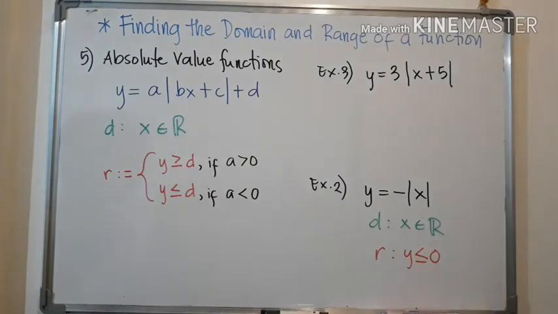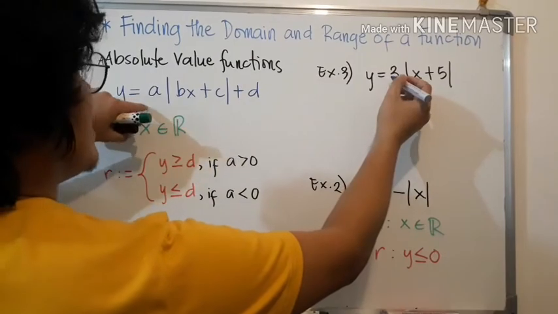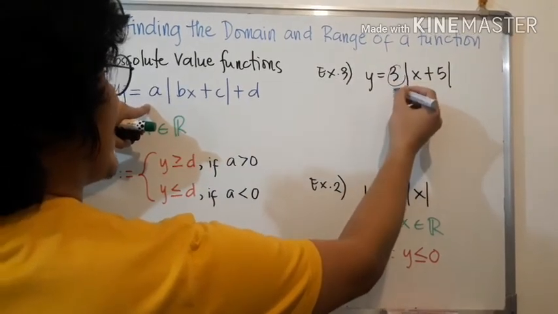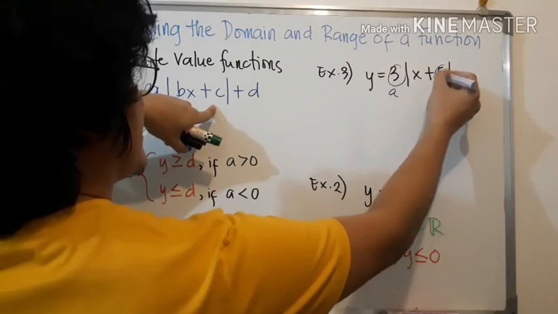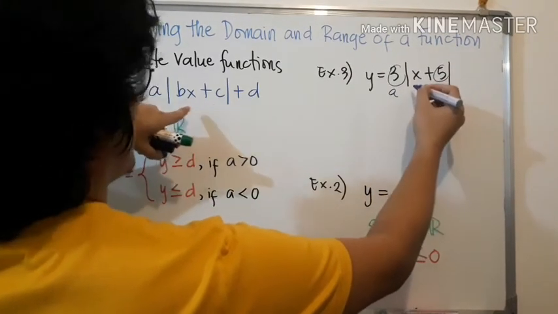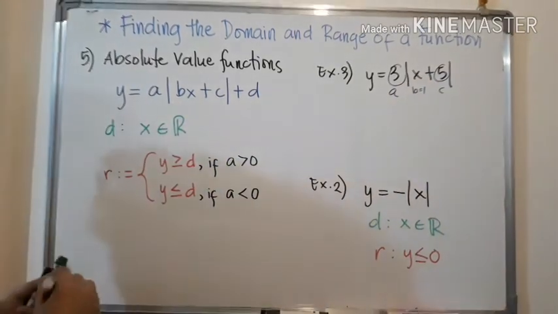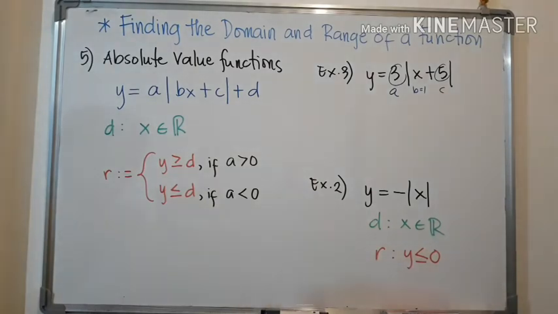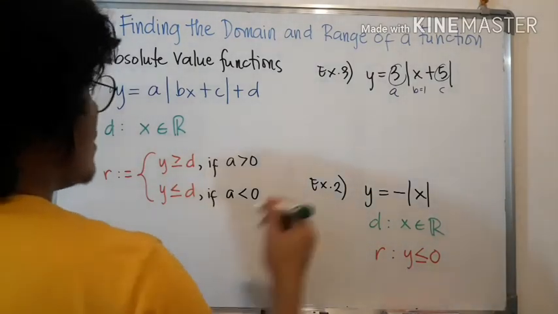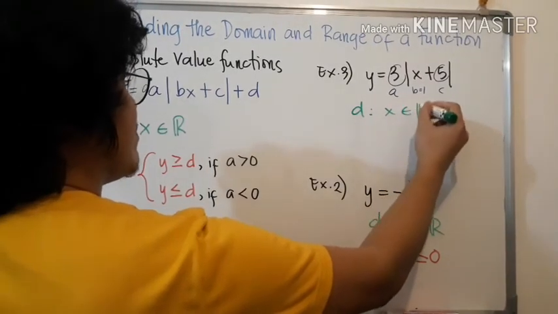Okay, so in our form, you know that 3 is our a, 5 is our c, and we have a value for b which is 1, the numerical coefficient of the term x. Okay, so the domain is the set of all x in the real numbers.